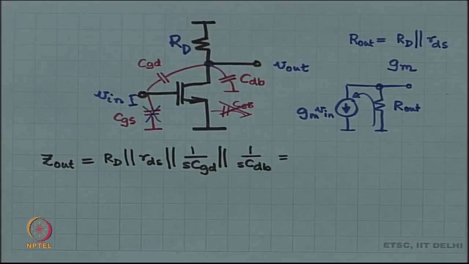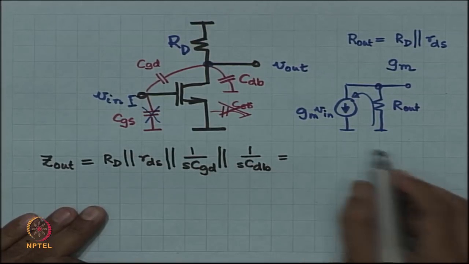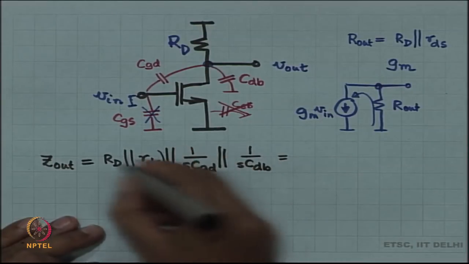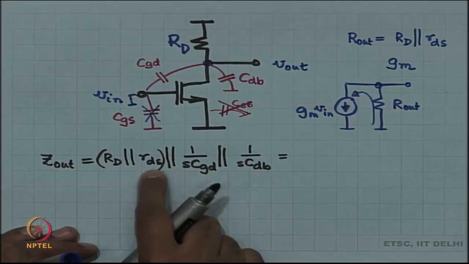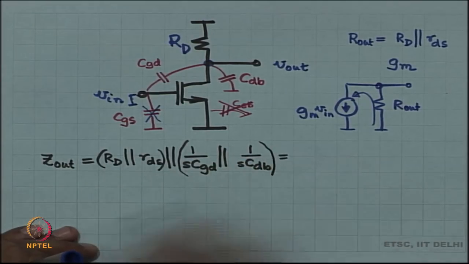The trick is to understand that all of these... all right, let us do it slowly. Let us not jump the gun over here. So, let us rewrite this as RD parallel RDS in parallel with this combination.